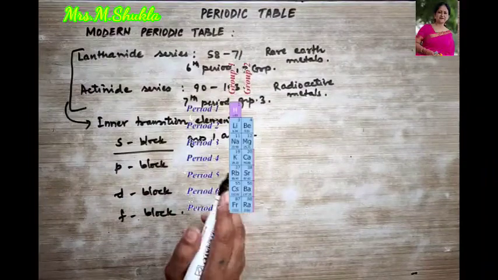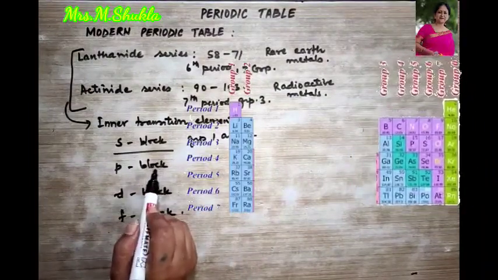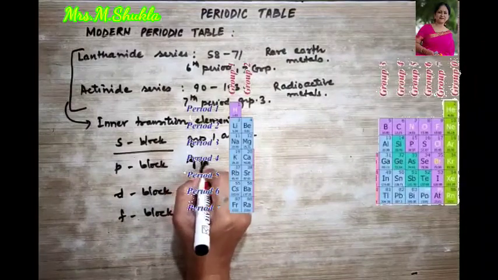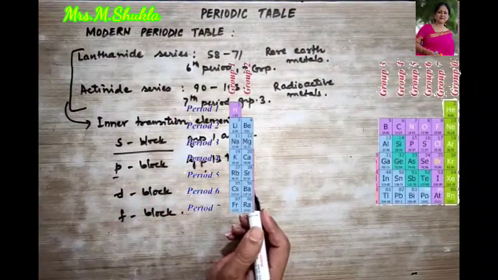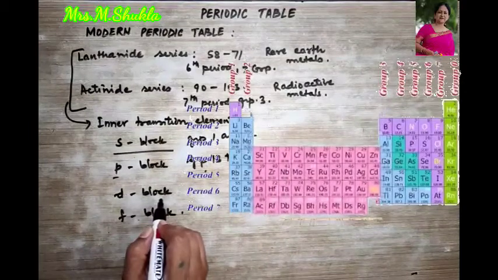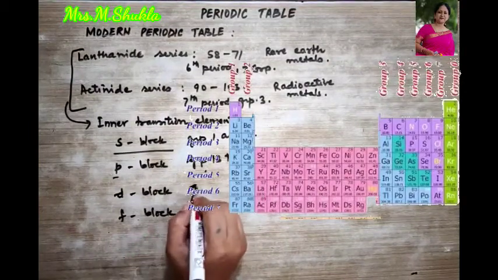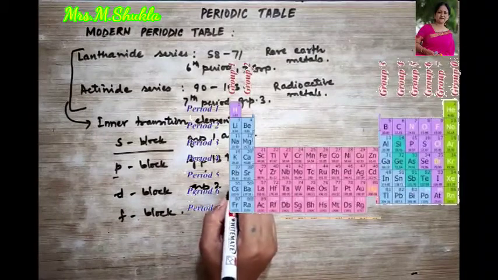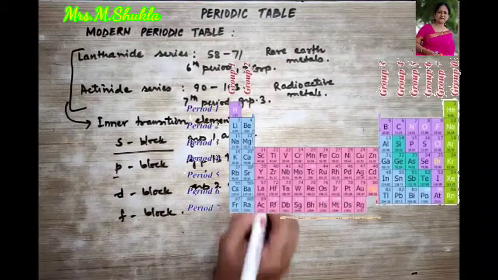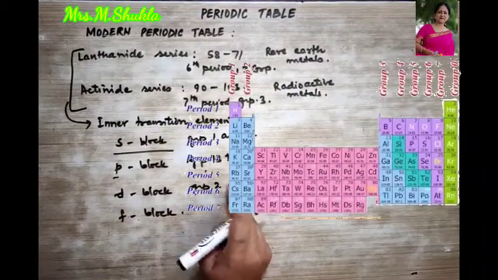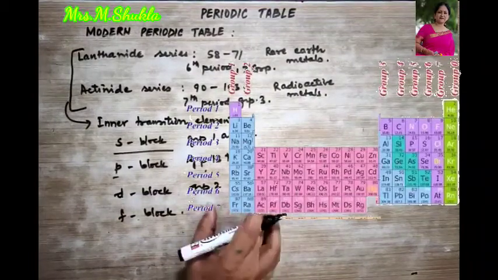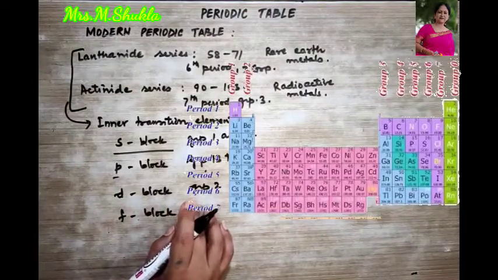Check in your periodic table. Then P block elements, these are group 13 to group 18. Then talking about D block elements, they are between group 2 and 13, right? Let me write down, group 2 to 13, they are D block elements.